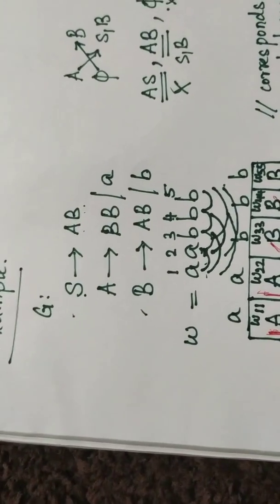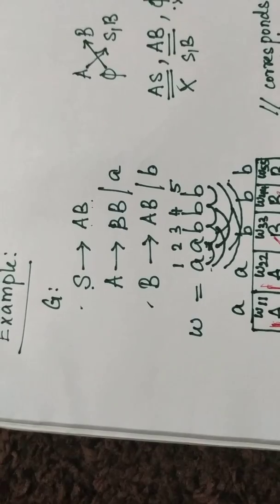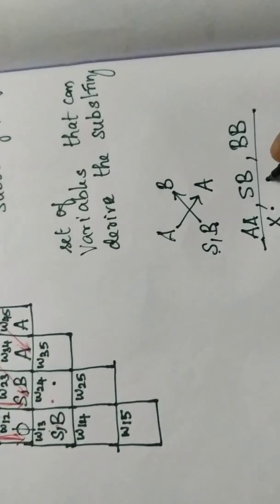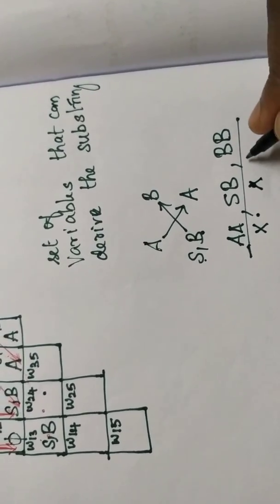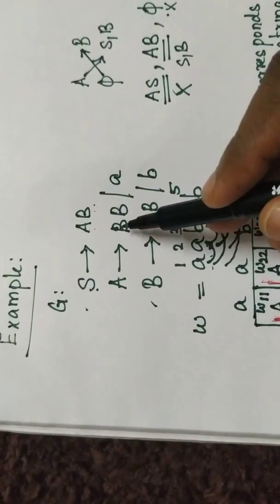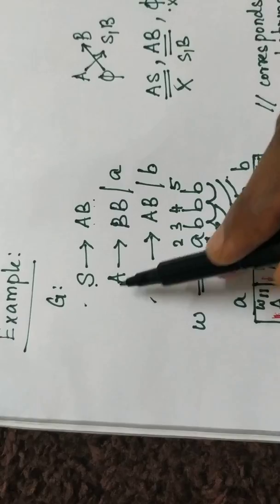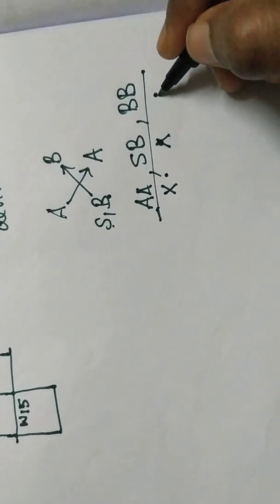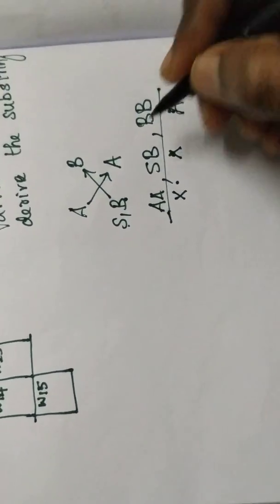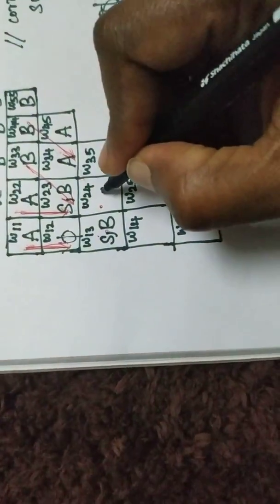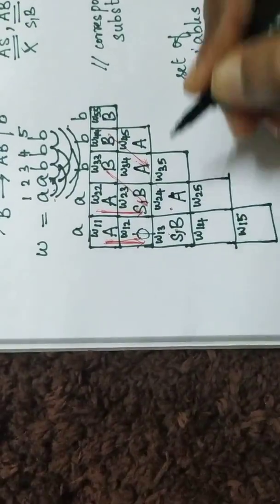And SB, again looking into the grammar, we don't have anything like SB on the right hand side, so that is also not possible. And finally BB, so BB is derived by variable A. So this cell is going to be filled by variable A.